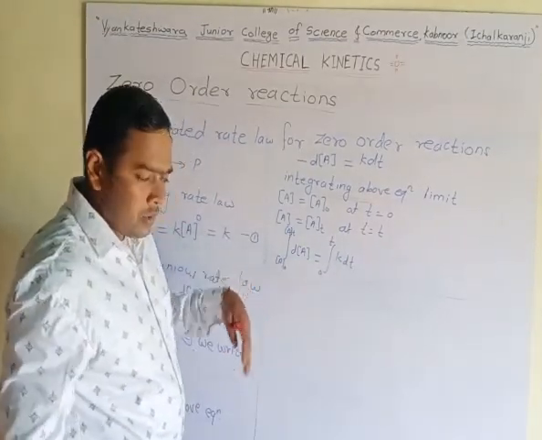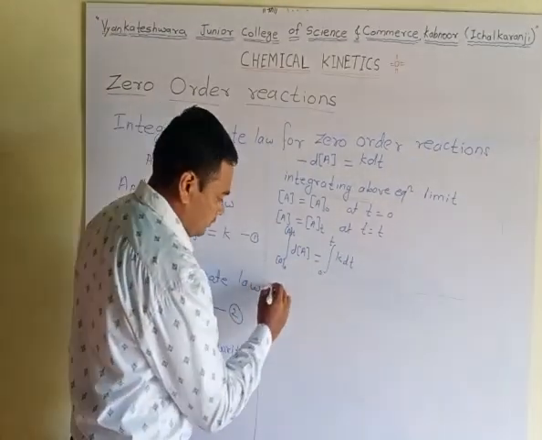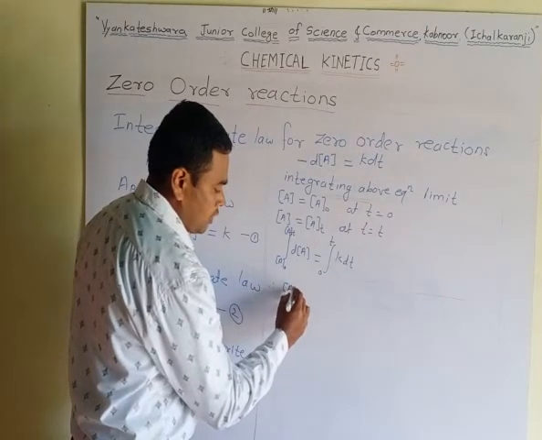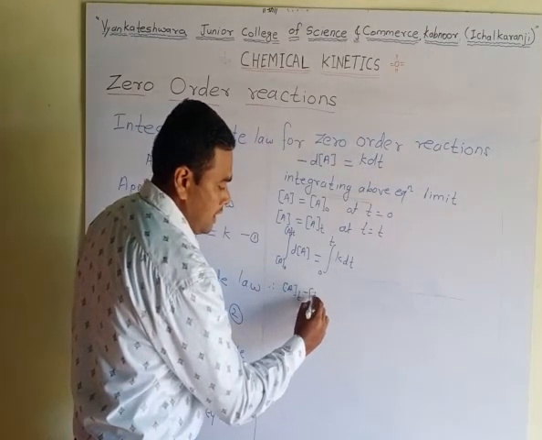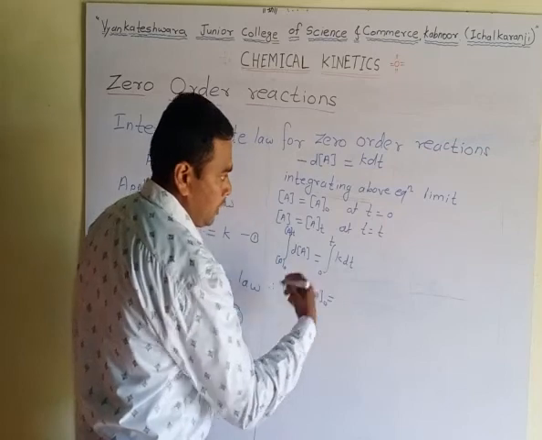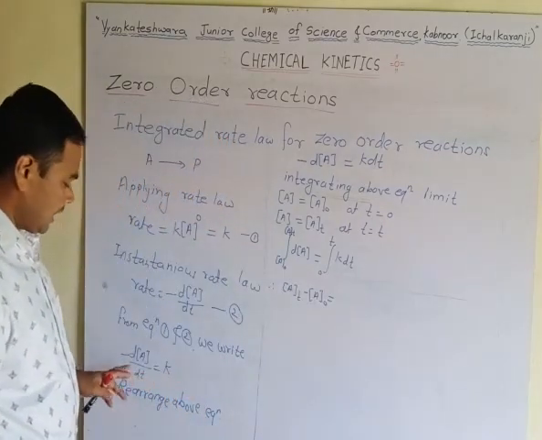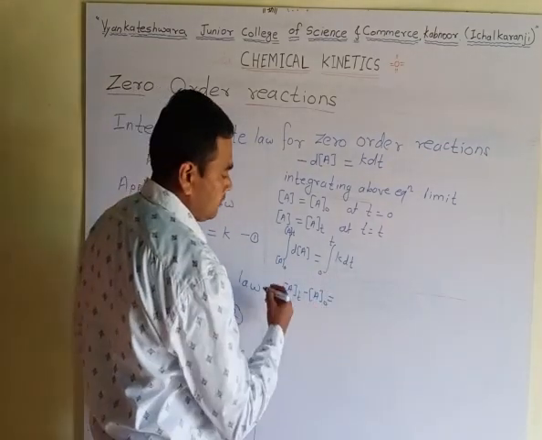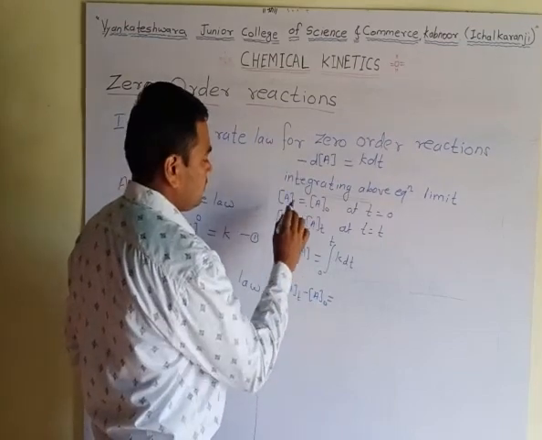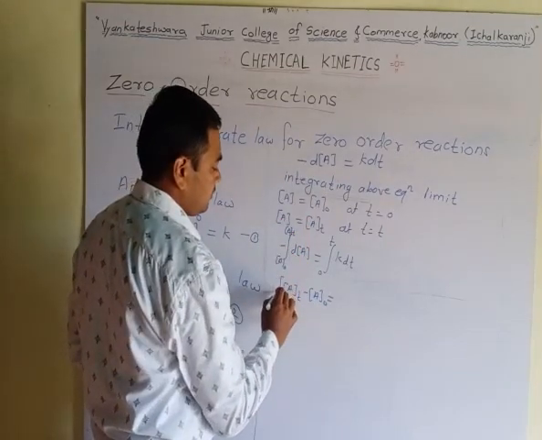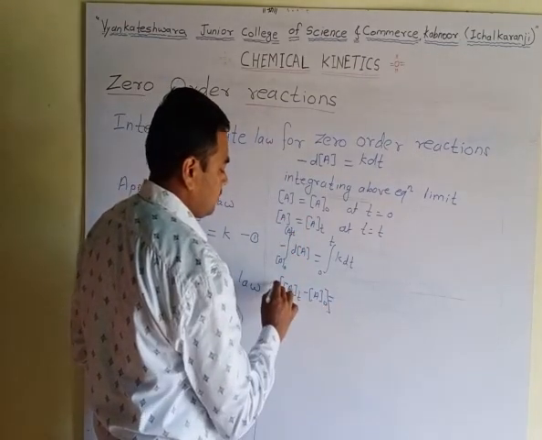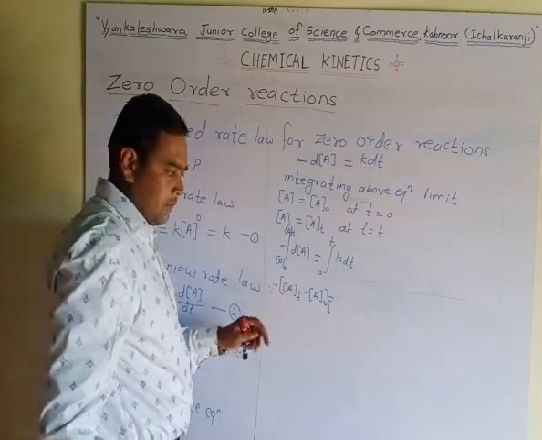Therefore, after solving this equation, concentration of At minus A0 equal to minus K t, as the minus sign is present outside this bracket.